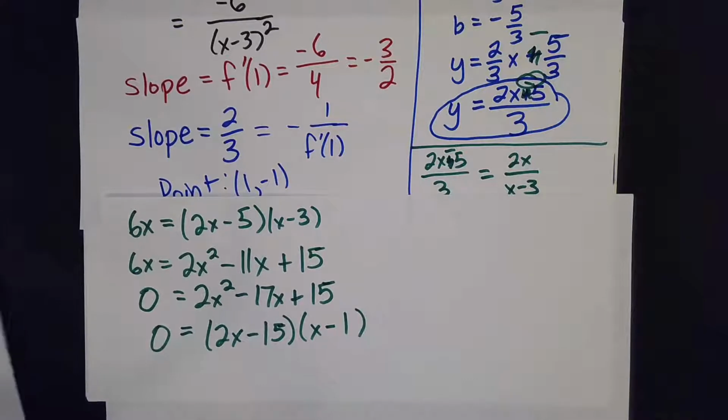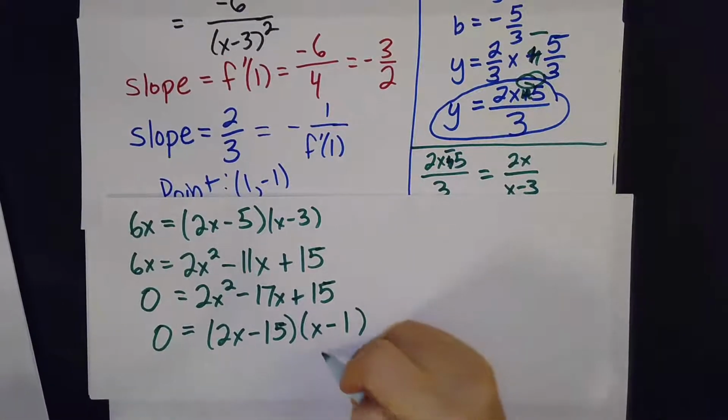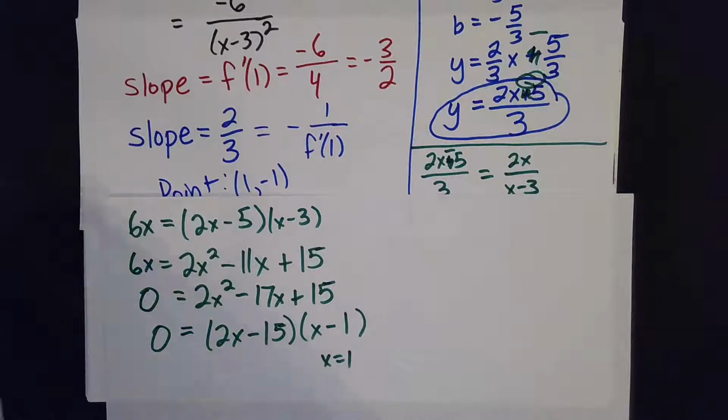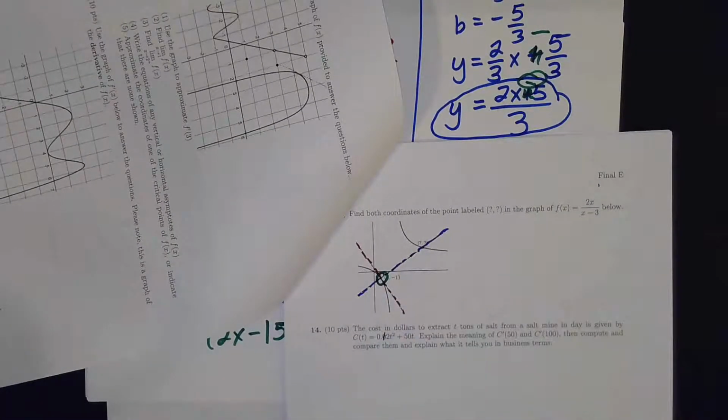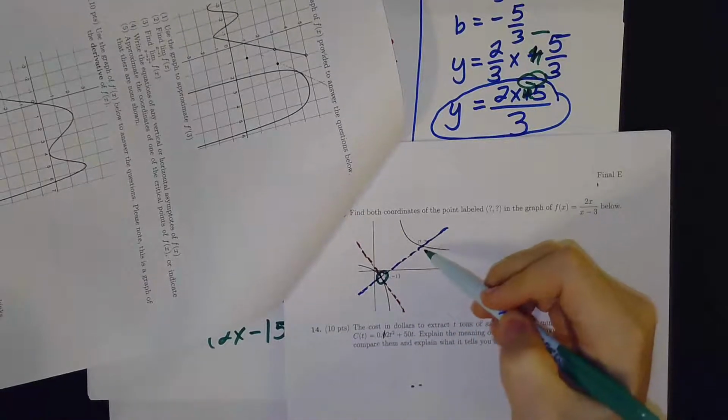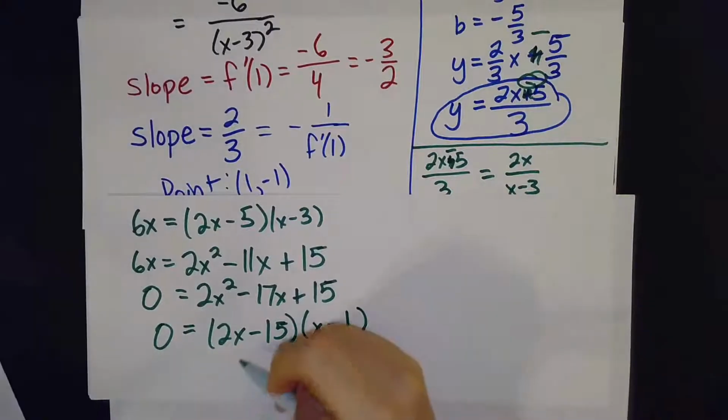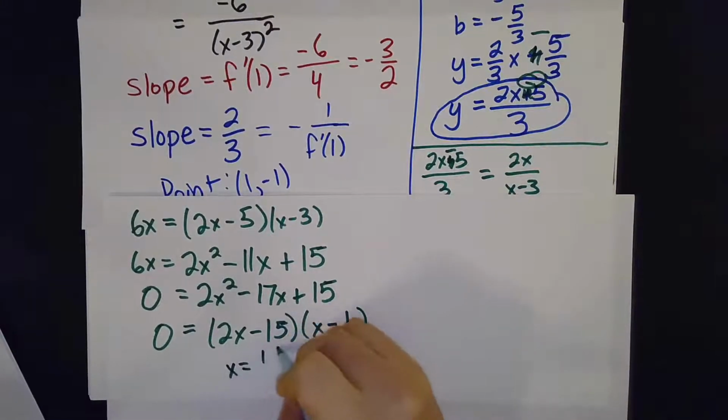So the x equals 1 point, that's that point that we started at. So no use looking at that one. This has got to be the other point. And so that is the point with x being 15 halves.